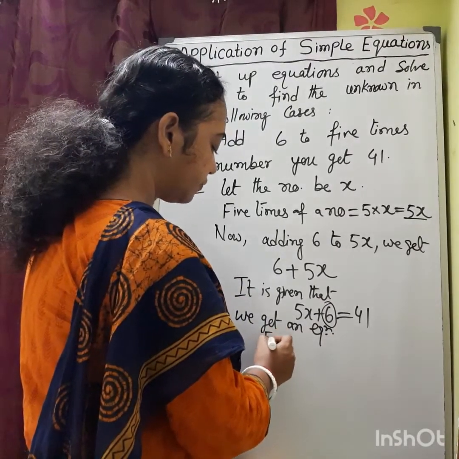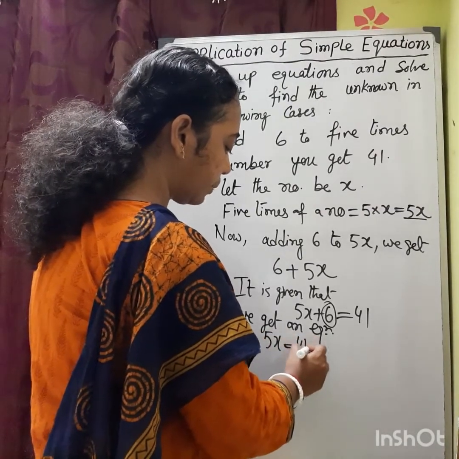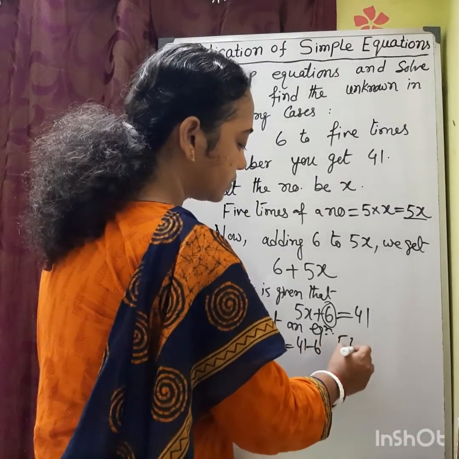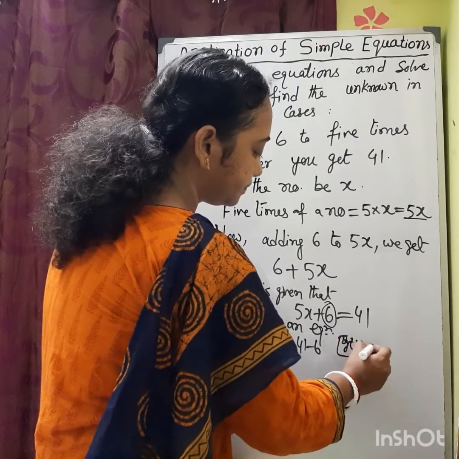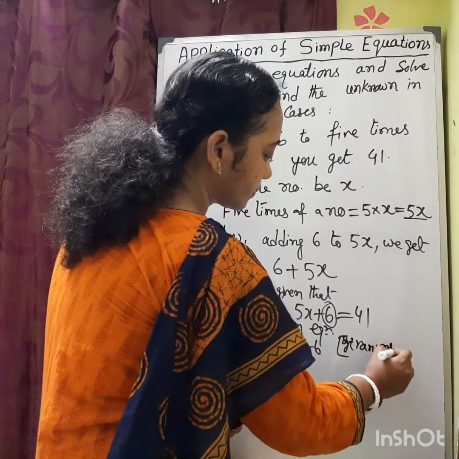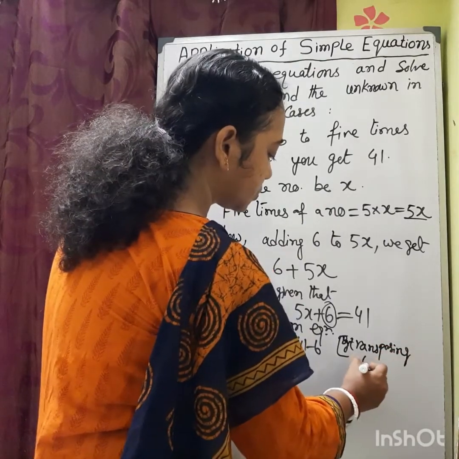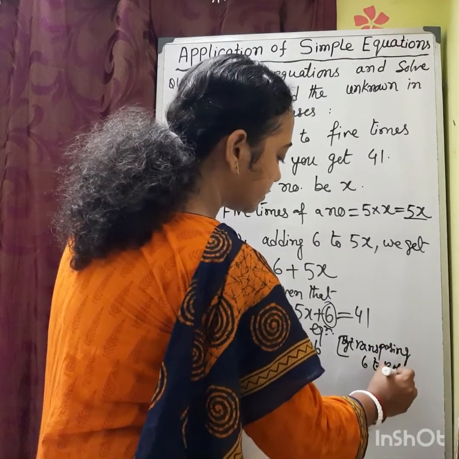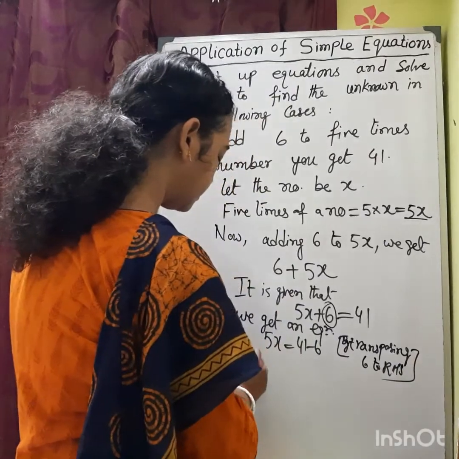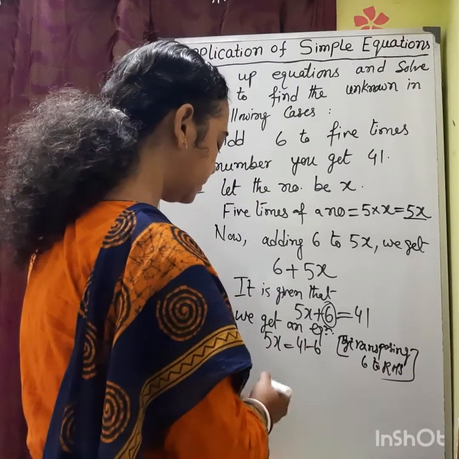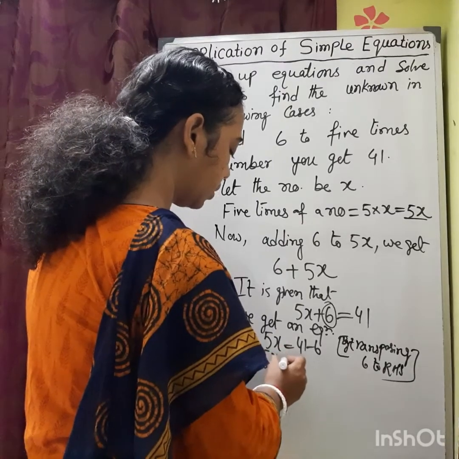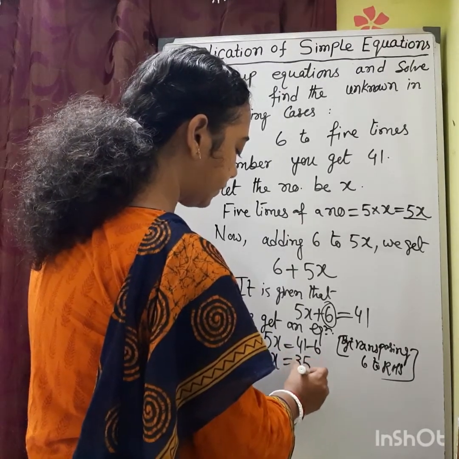So we can write here 5x is equal to 41 minus 6, by transposing 6 to the right hand side, we get 41 minus 6 on the right hand side. Now 5x is equal to, here it is coming 35.